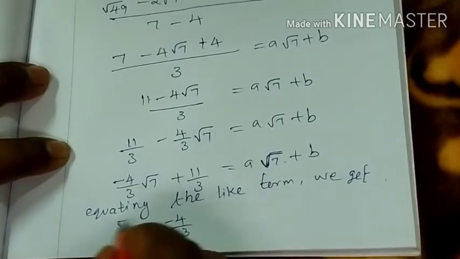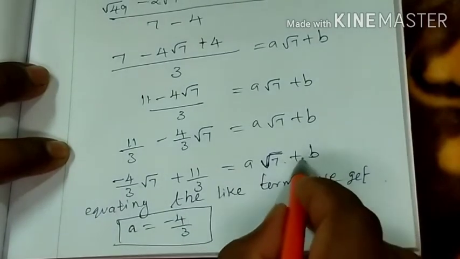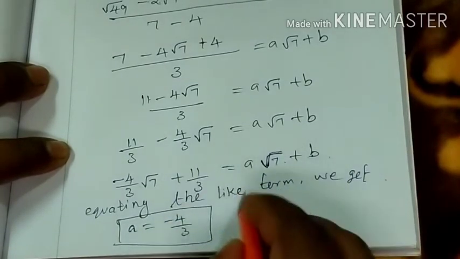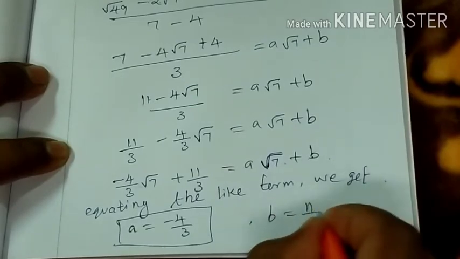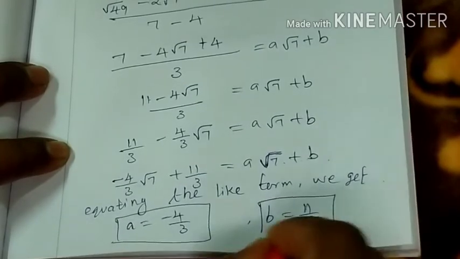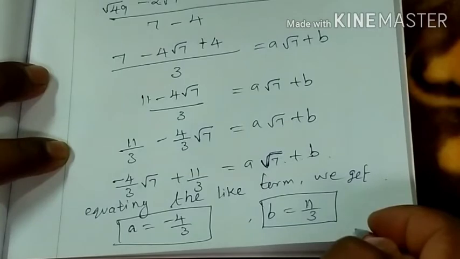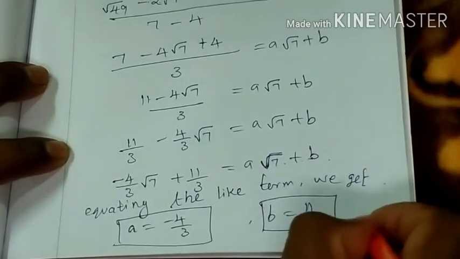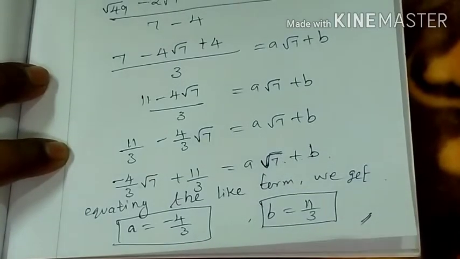Okay, this is your answer. Then the constant term, addition of value is b. So b is equal to 11 by 3, equating the constant term. So we get 11 by 3. That's all the answer. Have you understood? Okay.